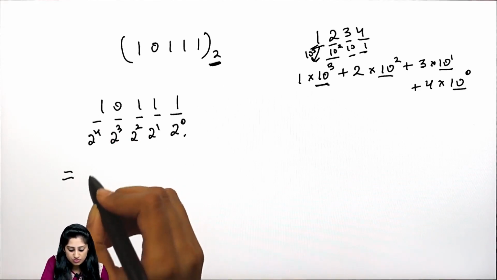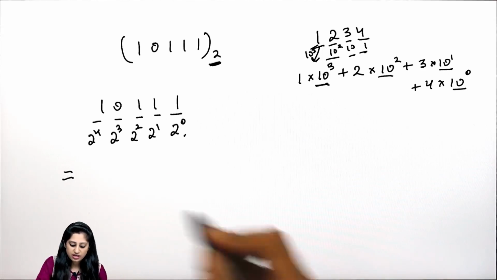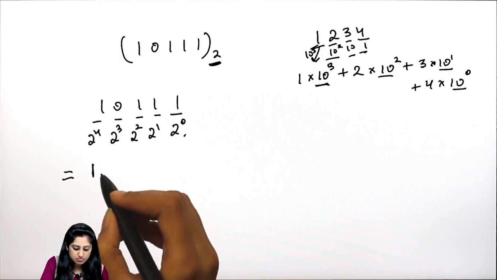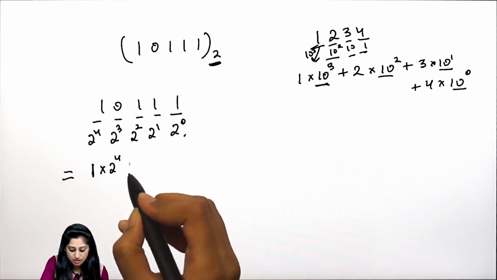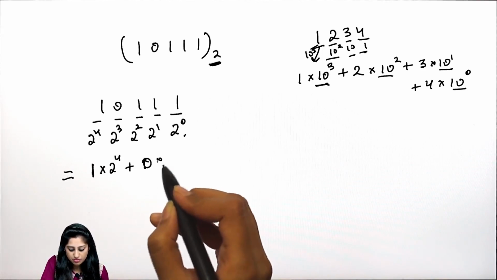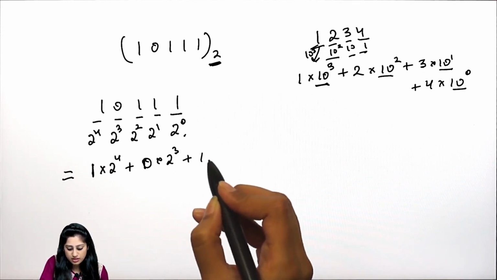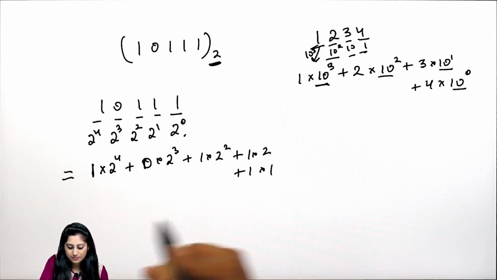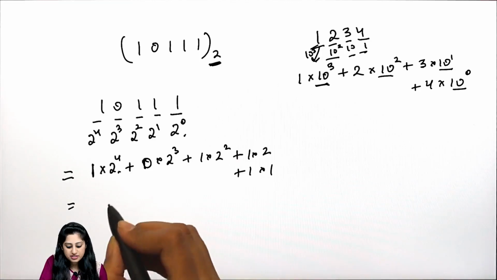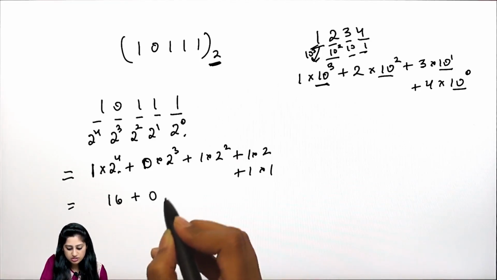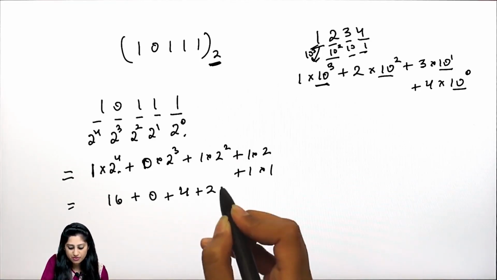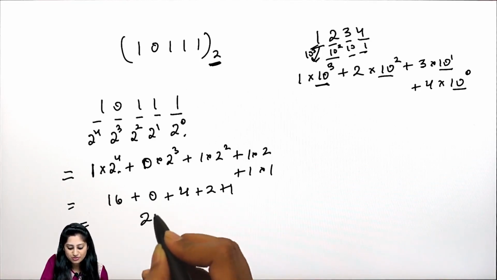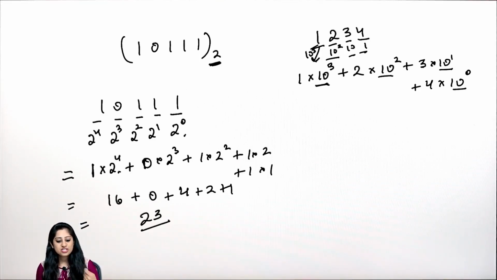So 1 into 2 to the power 4 plus 0 into 2 to the power 3 plus 1 into 2 to the power 2 plus 1 into 2 plus 1 into 1. 2 to the power 4 is 16. So write 16 here, 0, 4, 2, and 1. This is what we have, right? So the number is 23.